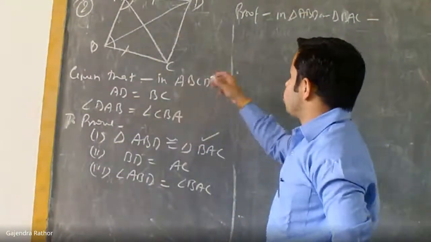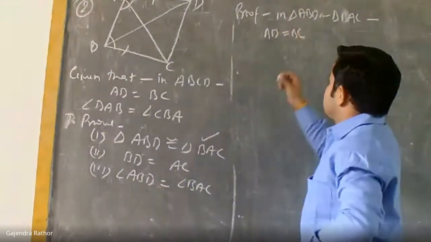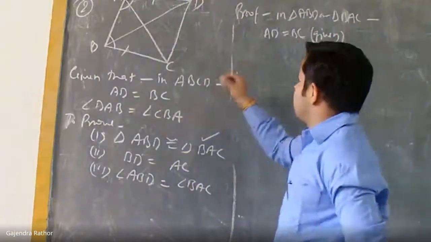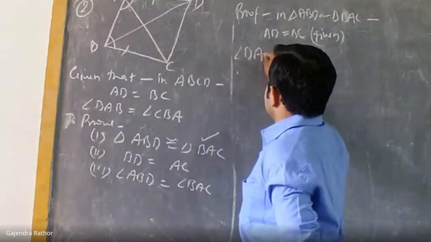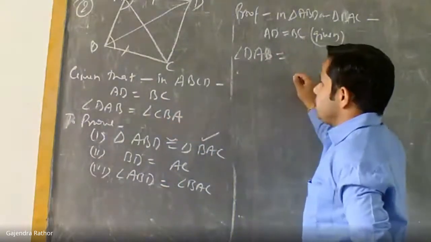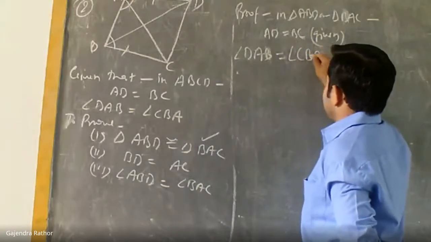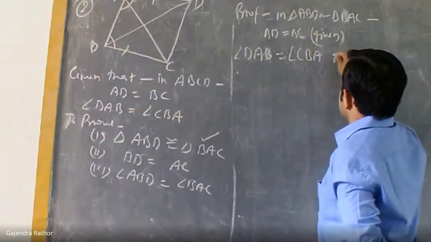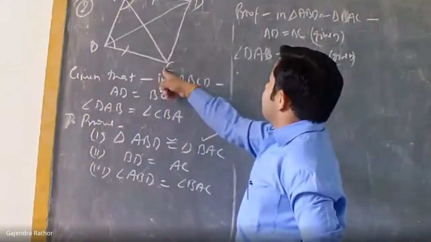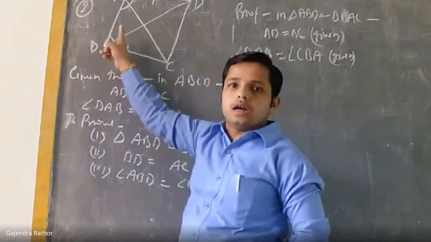First AD is equal to BC. It is given. Now second, angle DAB is equal to angle CBA. It is also given. Now the third, ABD and BAC both have the side AB.